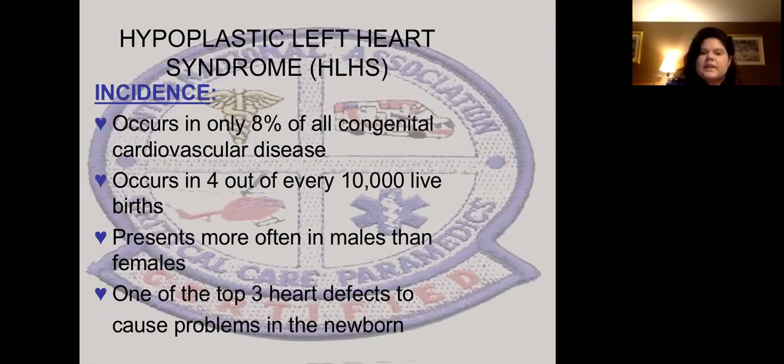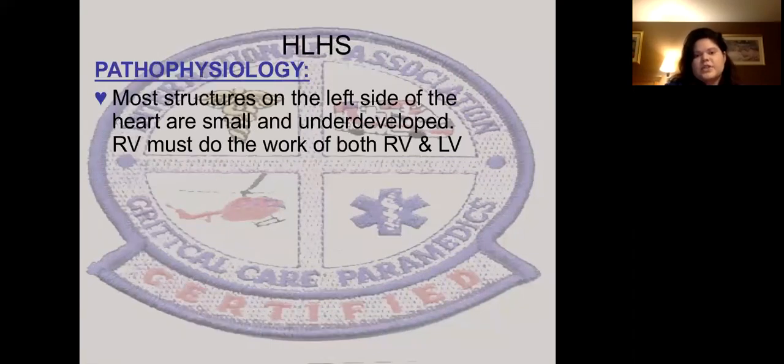Your hypoplastic left heart occurs in about 8% of all congenital cardiovascular disease. It's one of the top 3 defects to cause problems in newborns. It's most often in males. So most structures on the left side of the heart are small and underdeveloped.